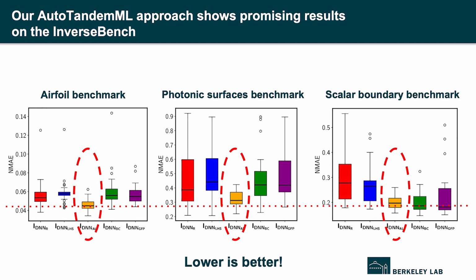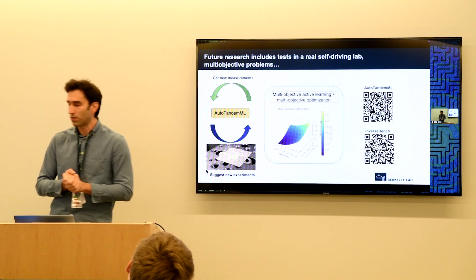And we also want to extend this to multi-objective optimization. When we create these surrogates, we want to use them for multi-objective optimization because those are the most realistic problems in science and engineering.